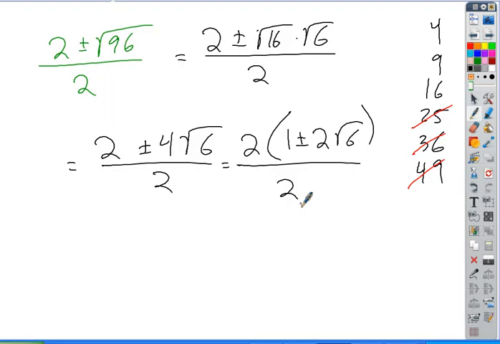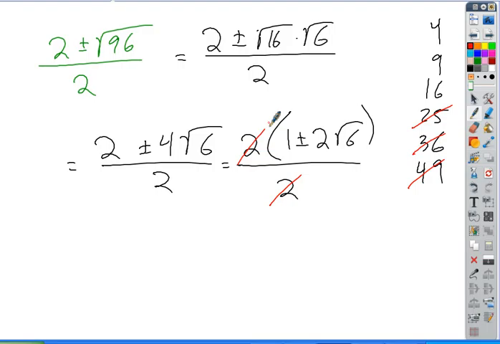Okay, now, listen very carefully, because this is probably maybe the most common later Algebra 2 mistake for the rest of the year. I can do this. That is okay to do, because I can cancel like factors in the top and the bottom. Something that is being multiplied by everything else in the top may be canceled with something that is being multiplied by everything else in the bottom, or in this case, by itself in the bottom.